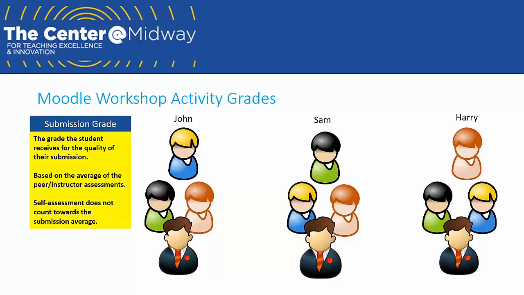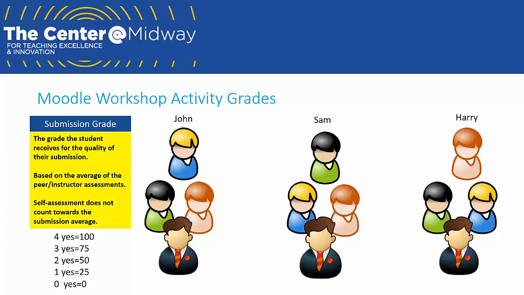John turns in a submission, and it is going to be assessed by Sam and Harry and the instructor. Sam's submission is going to be assessed by John and Harry and the instructor. And Harry's submission is going to be assessed by John and Sam and the instructor.